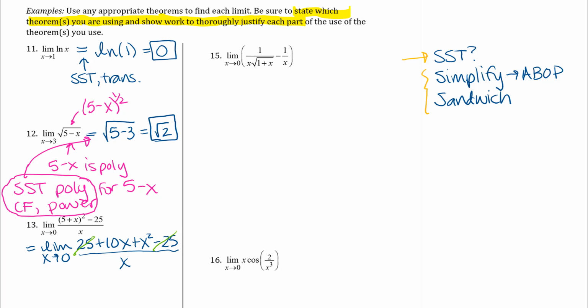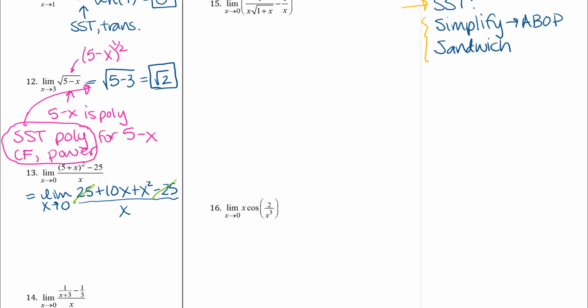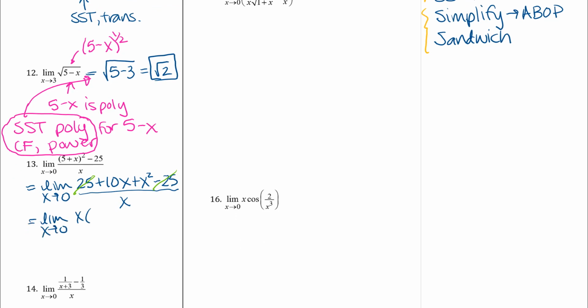But the next thing that you might notice is that you can factor an x out of the numerator. And then you'll be able to cancel that with the x in the denominator. So at the instant when you do that cancellation, you really have a different function than the one you started with. The original function has a domain that is all real numbers except 0.